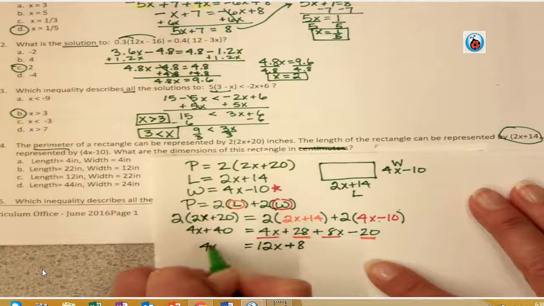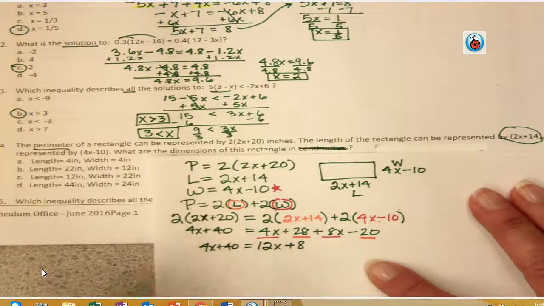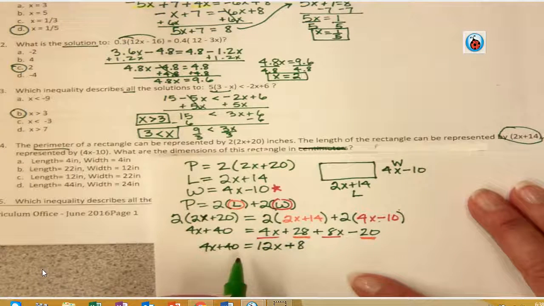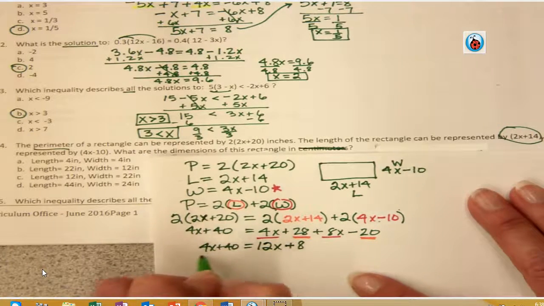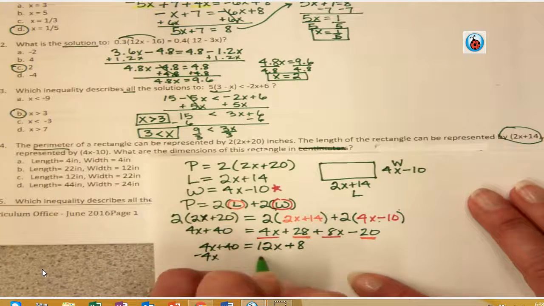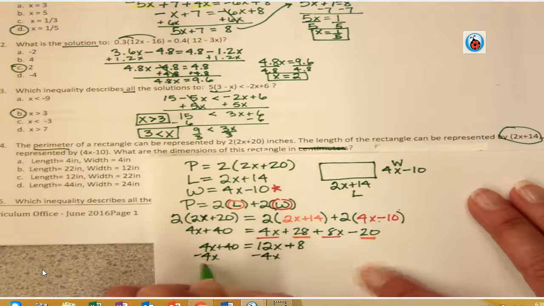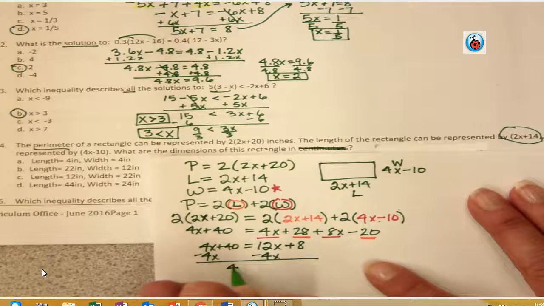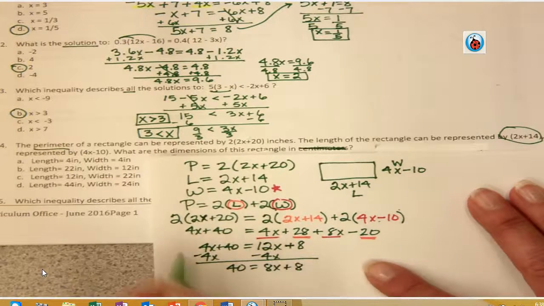So I get 4x plus 40 on that side. Now this is as simple as it can go, so I can start using my inverse operations to balance my equation. I'm going to subtract 4x from both sides. I get 40 equals 8x plus 8.